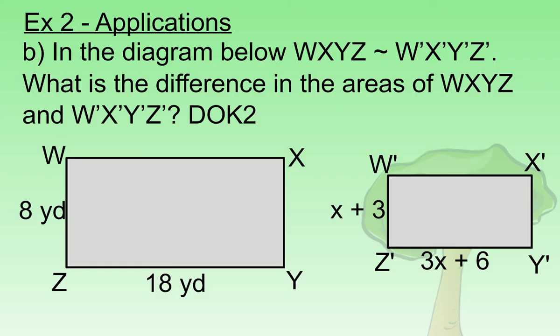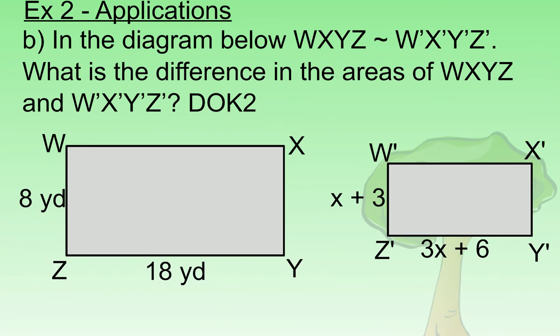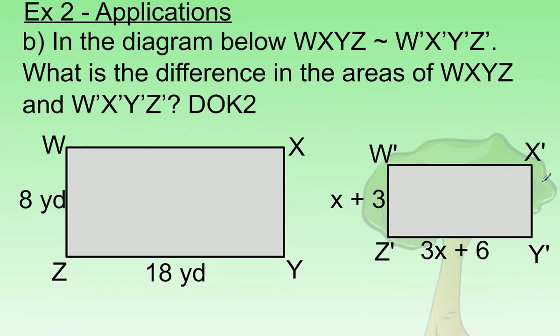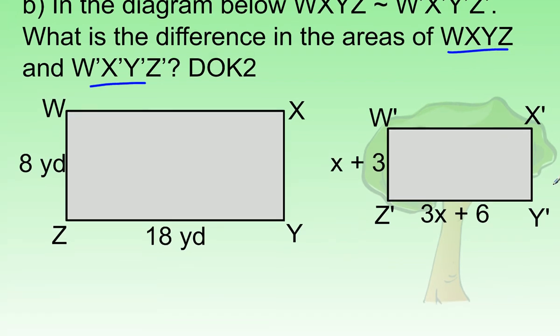Next example. It says, in the diagram below, WXYZ is similar to W prime, X prime, Y prime, Z prime. What is the difference in the areas of this rectangle and that rectangle? So we want to find the difference of the areas. That's our goal.